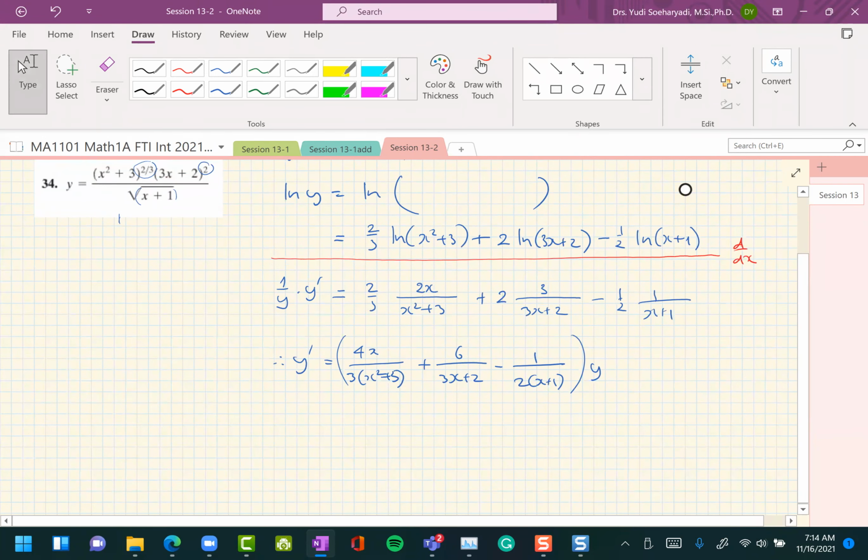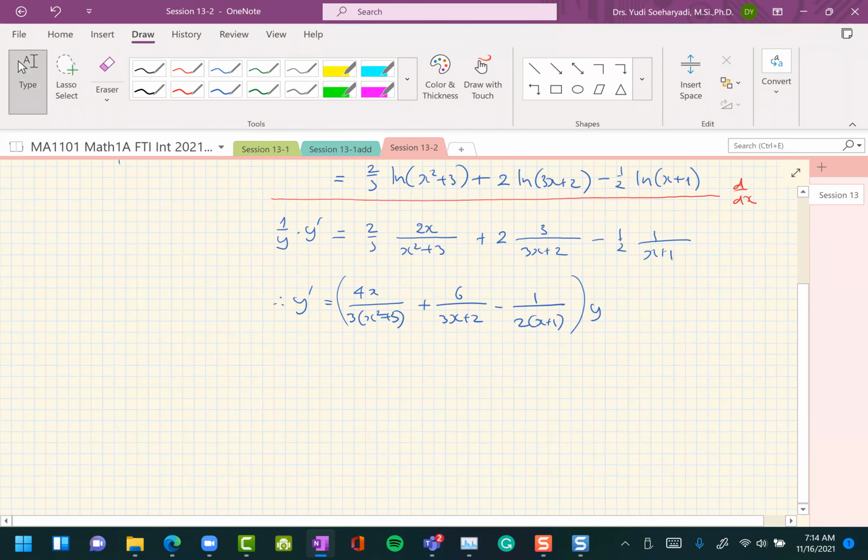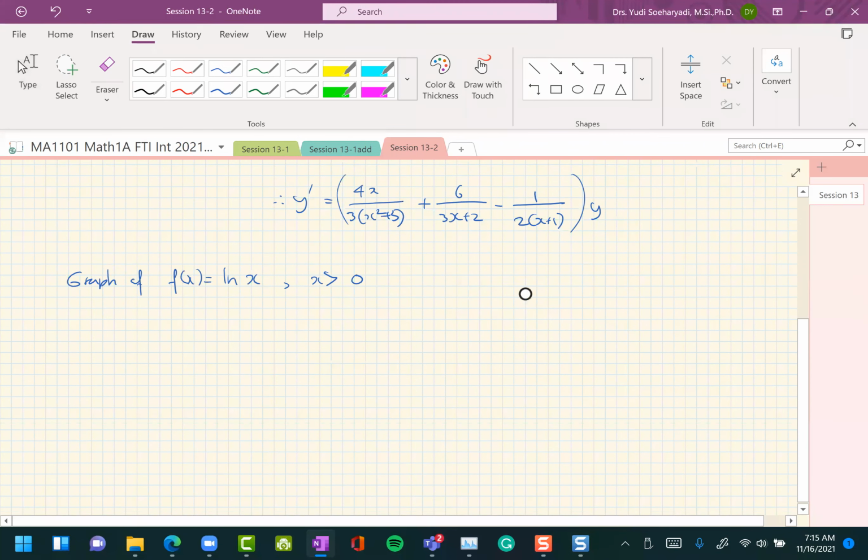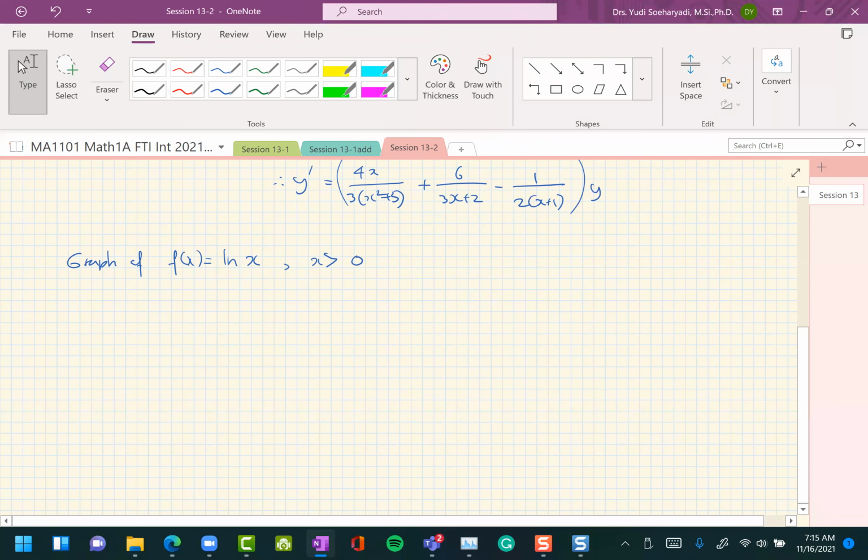Okay, so let's do some other thing. What about the graph of ln? What does the graph of ln look like? Let's plot this thing.